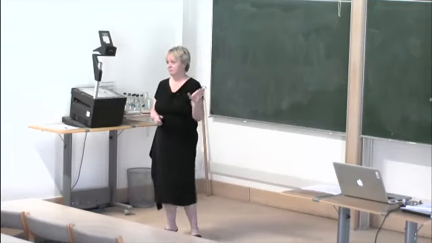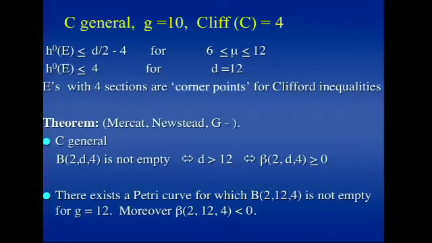Now, what happens when degree is 12? In degree 12, there exists a curve that actually has vector bundles that are stable, and the expected dimension in this case is negative.